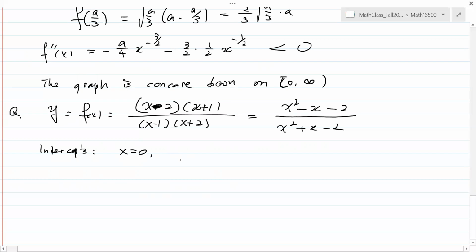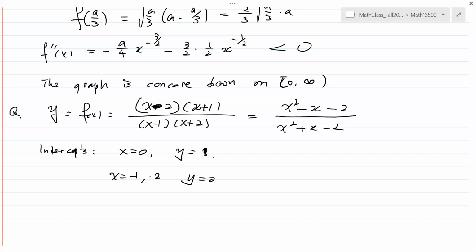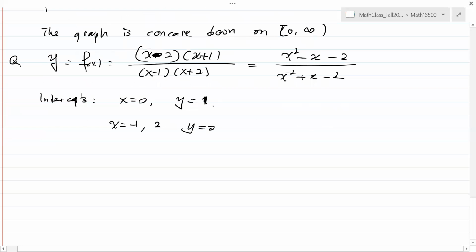When x equals 0, y is going to be numerator is -2, denominator -2, so it's 1. Then you can also find out when y is 0, right? So x is going to be -1 and 2. So those are called x-intercepts. All right, so the graph passes through those points.